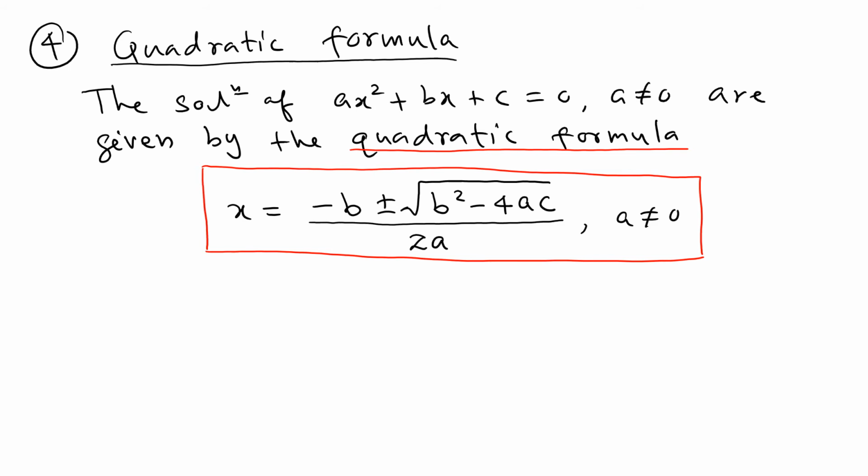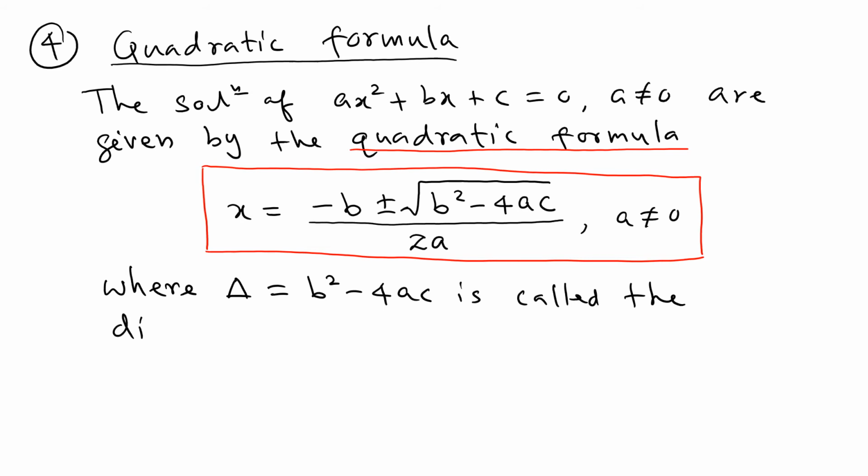And then this delta, which is b squared minus 4ac, is called the discriminant. It's going to decide whether there are solutions, whether there are real solutions.